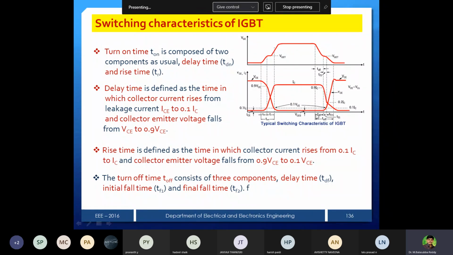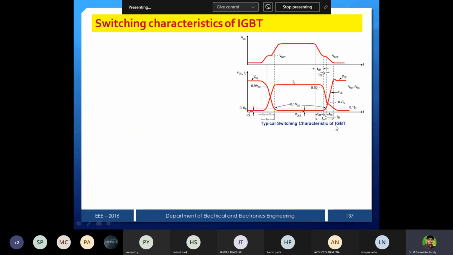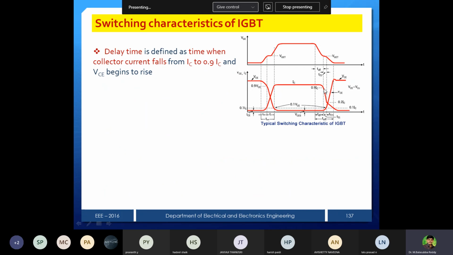One is the delay time, then the initial fall time and then the final fall time. So again it is based on these intervals. Delay time is nothing but rated current to 90% of its final value while the voltage is rising. From the lower or drop voltage, the voltage is gradually rising.